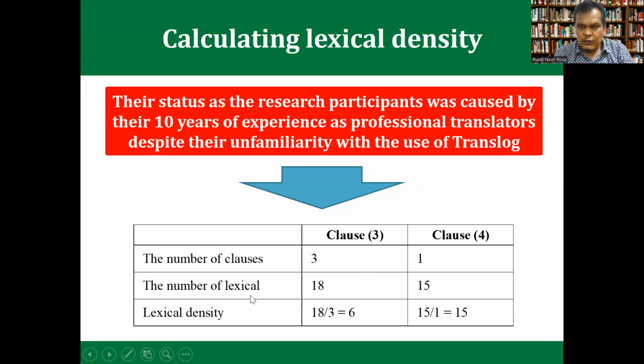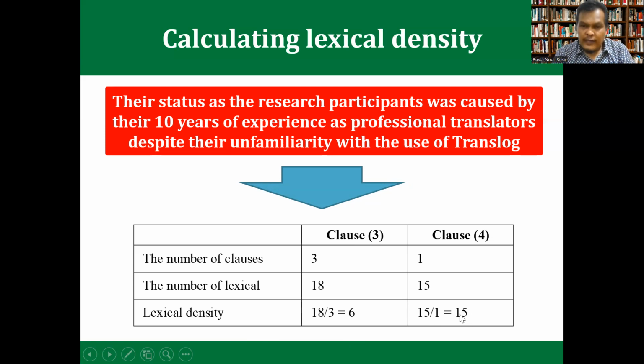Now, when we use the formula to count the lexical density, we divide the number of lexical items by the number of clauses. So 18 divided by 3 equals 6. It means that we have only 6 lexical items in one clause, compared to the metaphorical clause.